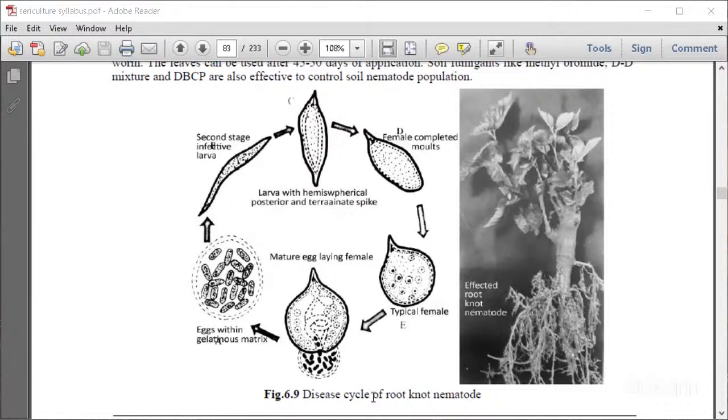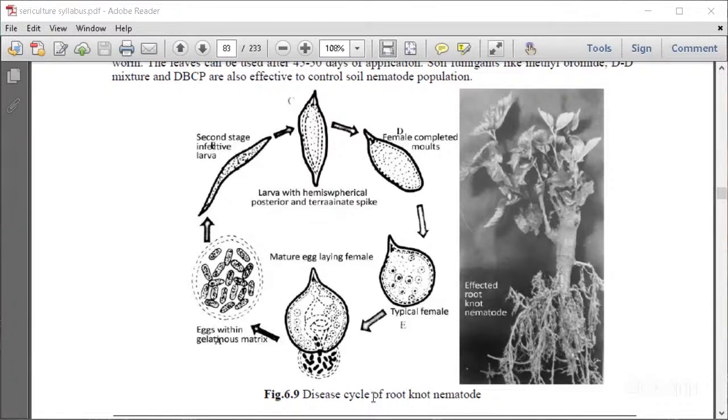It feeds on parenchymatous tissue. It also stimulates the cells to undergo repeated division, leading to enlargement, thus forming a cancerous knot or gall-like structure on the roots. Female larvae undergo 4 molts to become adults.